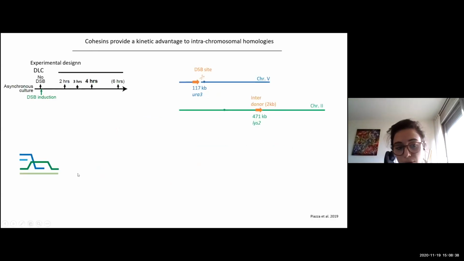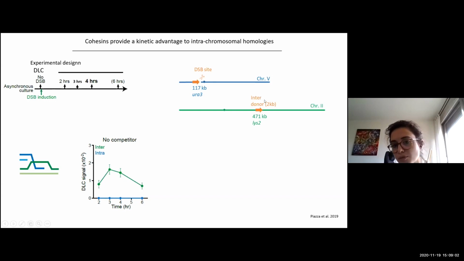Because with Hi-C technology we cannot directly look at the nucleoprotein filament, we decided to confirm that the homology search is regulated by cohesin by looking directly at the D-loop using a D-loop capture assay. This is the amount of D-loops that we can detect 4 hours after double-strand break induction between the double-strand break site and the inter-homologous donor.